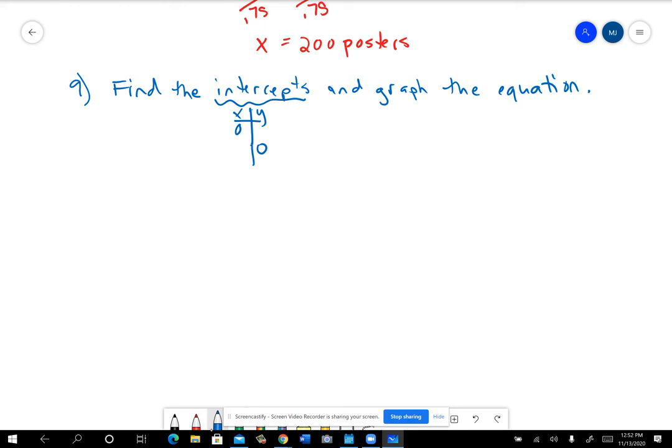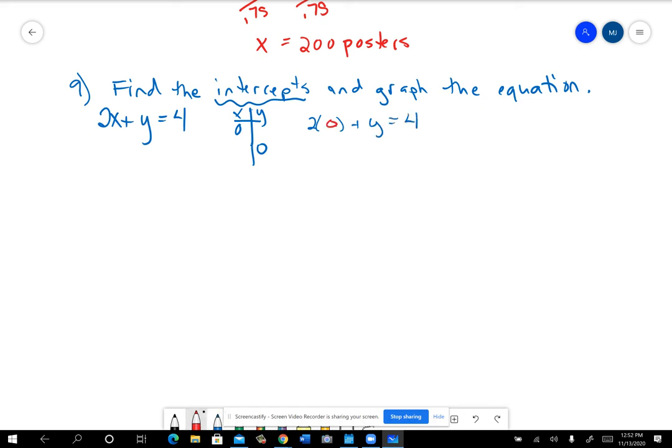So with my problem number 9, I had to find the intercepts and graph this equation in 2 variables. Let me just move that up because I'm going to use that table I already did. This is what they're talking about. I'm going to let X be 0. So where X goes, I'm going to put a 0 and work that out.